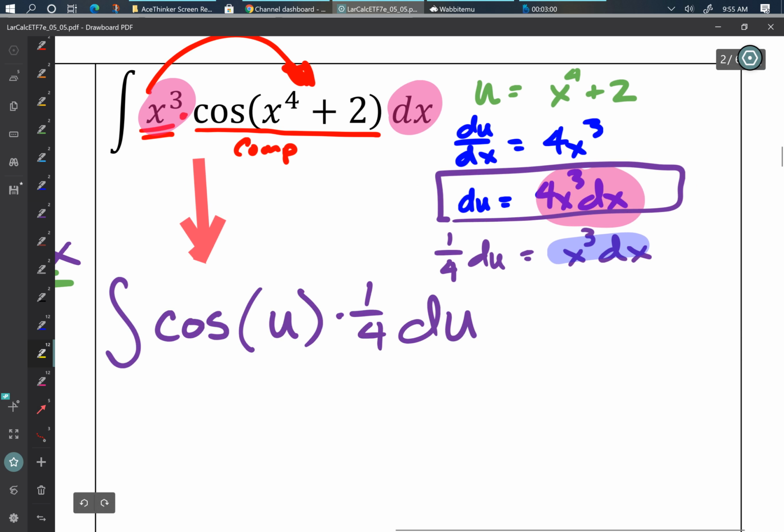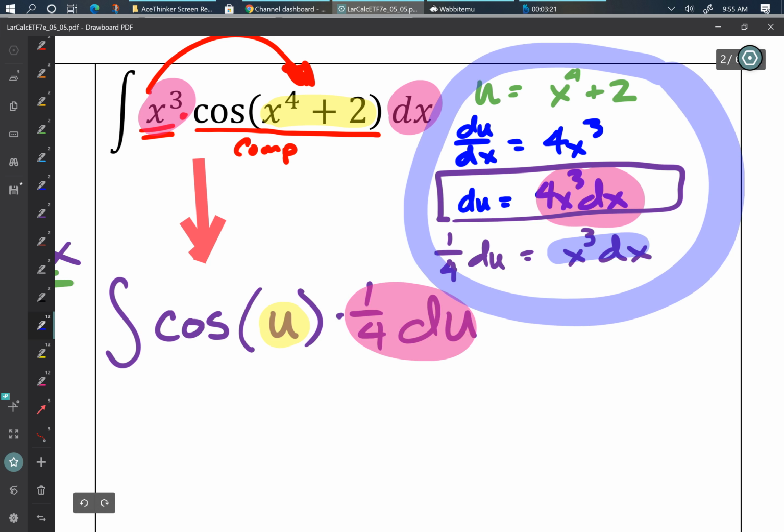I'm going to highlight in yellow what got replaced with u, and highlighted in pink is what got replaced with the 1/4 du. You'll notice that cosine is still there because cosine did not get substituted out. Nothing in our scratch work over here to the side ever mentions cosine. The outside part of the composition doesn't get substituted out. It's the inside part of the composition that gets substituted out.